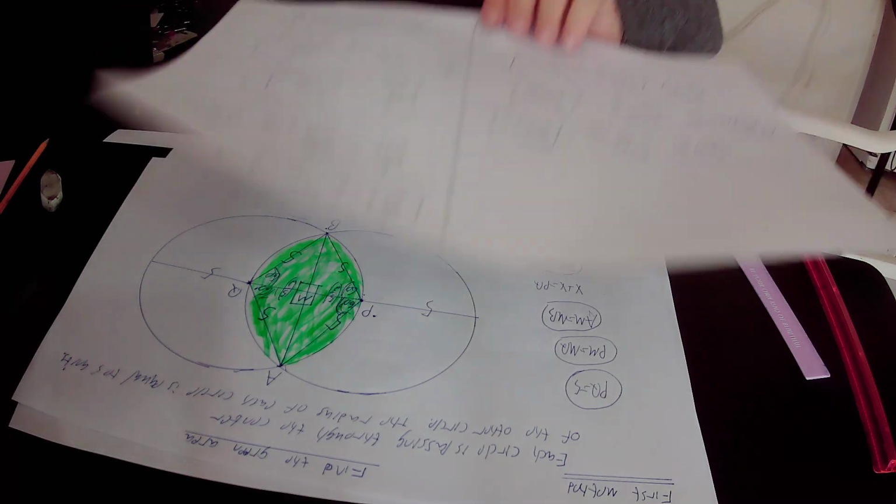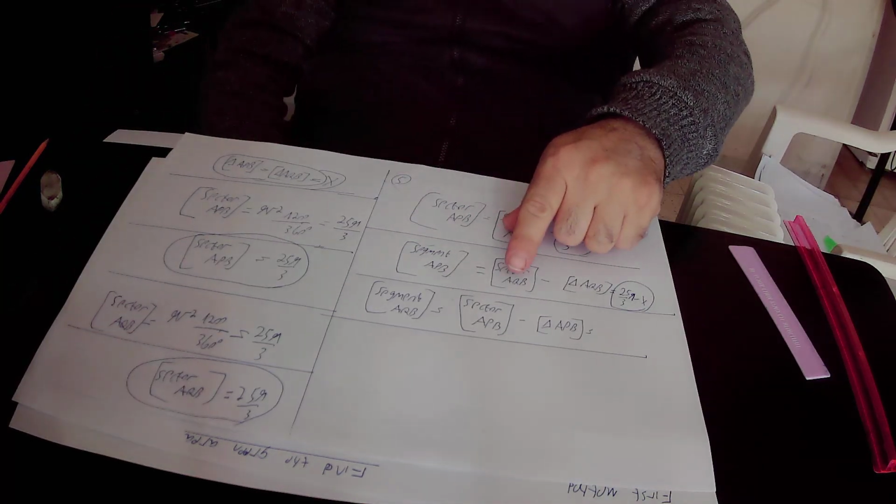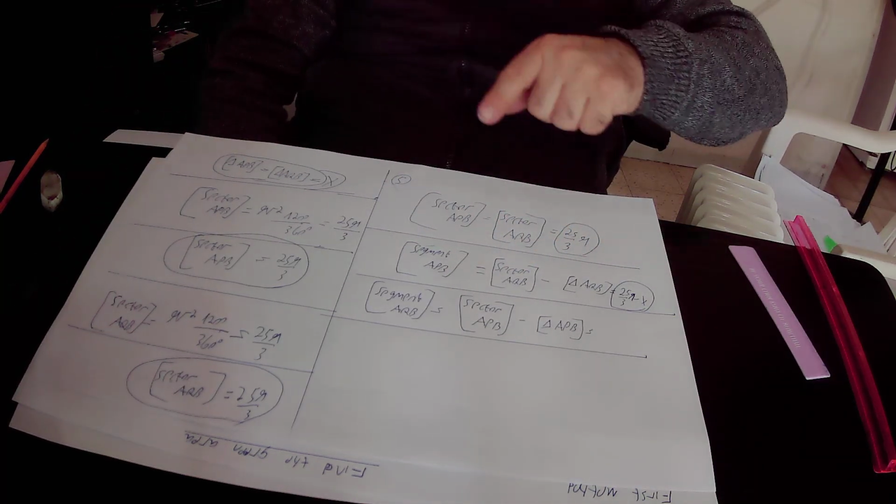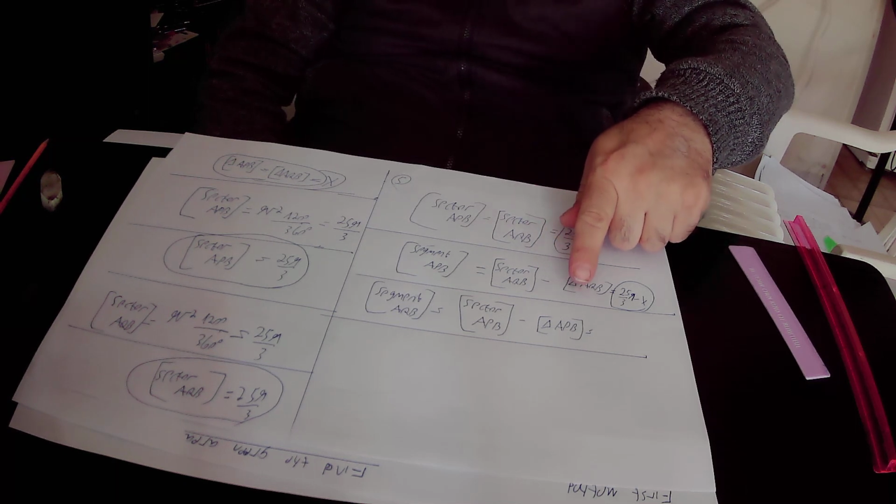I'll repeat again. The area of segment AQB equals the area of sector APB minus the area of triangle APB.